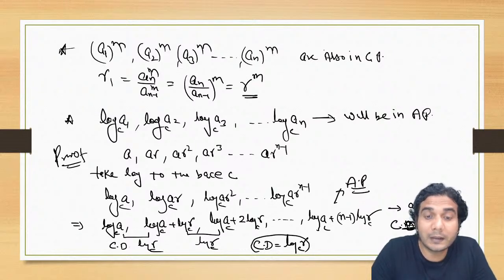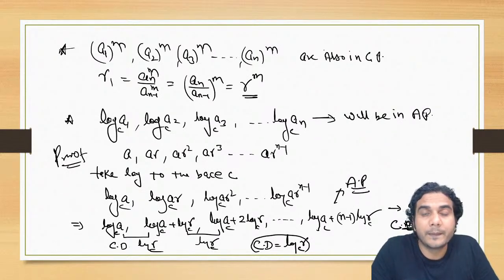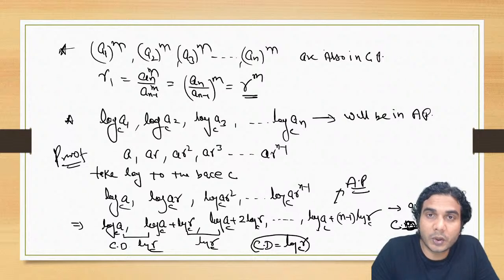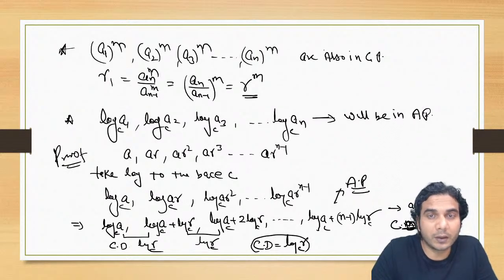Like by taking log, you can say they are forming AP, but by adding some constant to all the terms of a GP, it won't be any specific sequence in general always. So I hope these points are clear. But you can multiply, right? Multiplication property is same. If you multiply a constant to all the terms of an AP, they will remain in AP. If you multiply a constant to all the terms of a GP, it will remain a GP. The multiplication property is common.